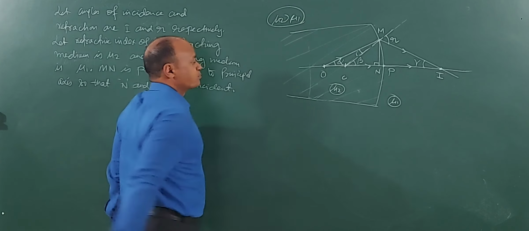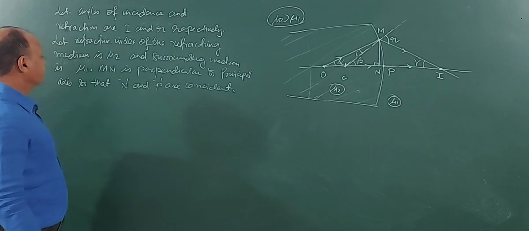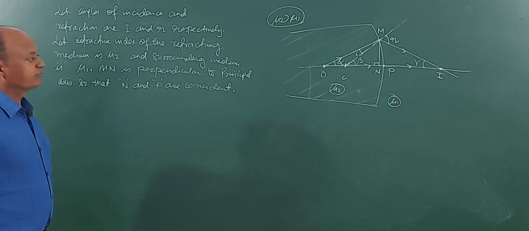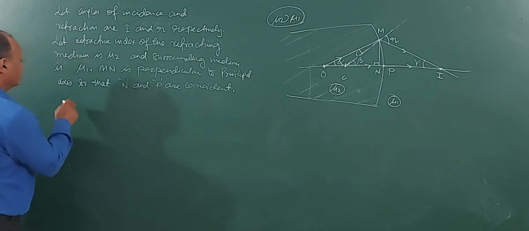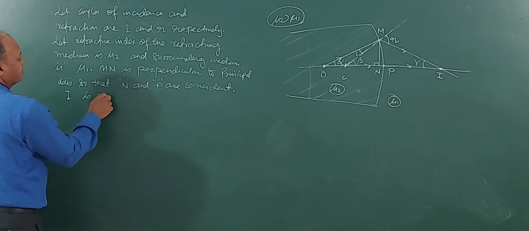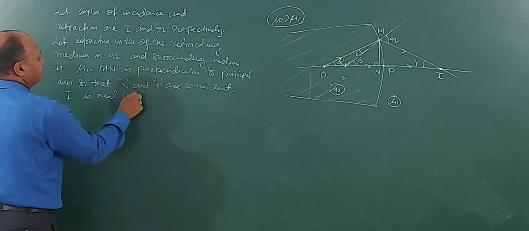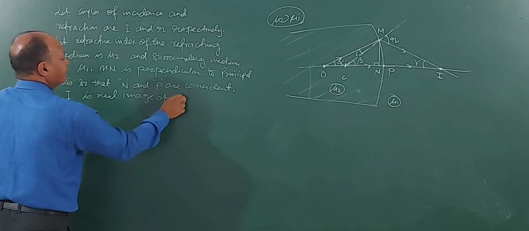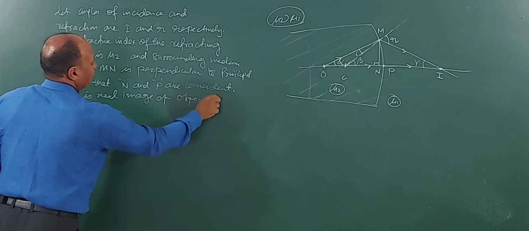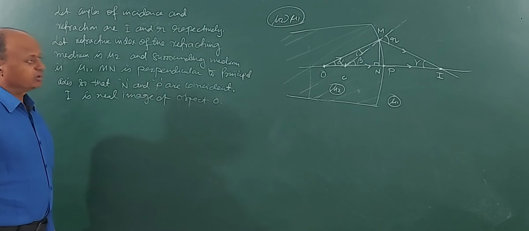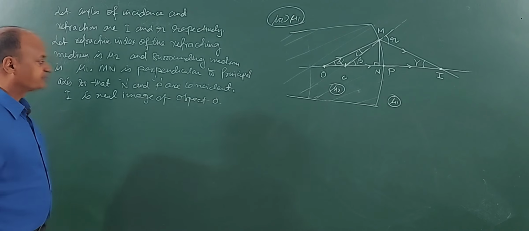Okay, denser to rarer in this case, and I is the real image of point object O. Now children, what I am going to do now, I am going to use Snell's law.